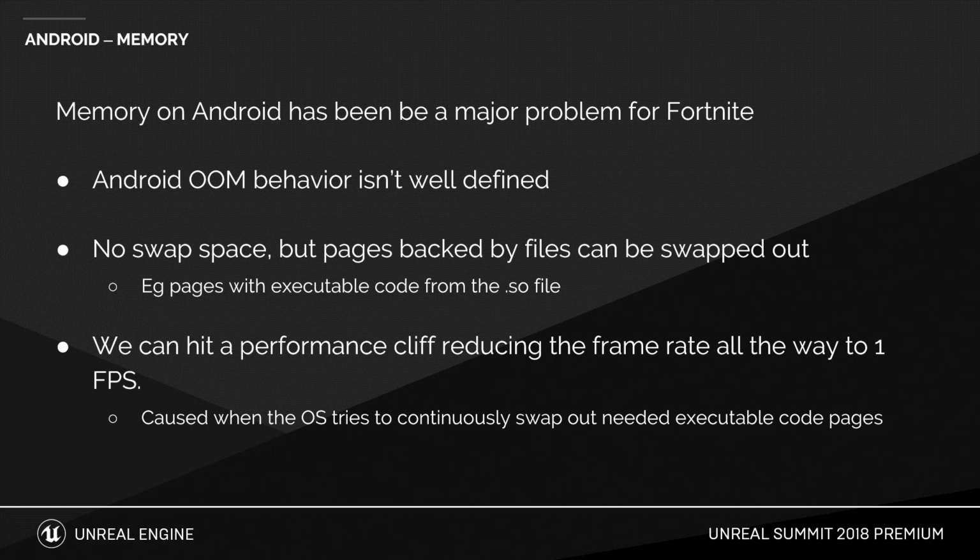So on PC, you're probably aware that you have a swap file, and so when you run out of memory, the operating system starts saving some of the information in your RAM to the hard disk or to SSD, and then later it will load it back when it's needed.